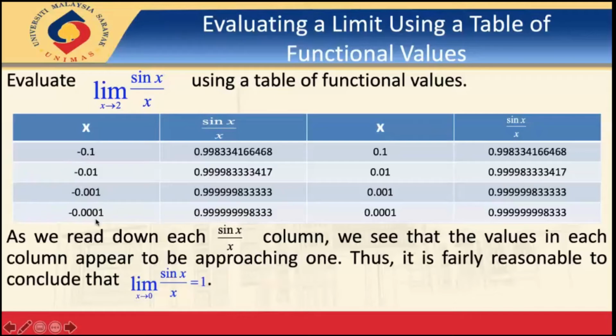For example, as the value reaches 0, meaning from negative 0.1, then smaller, negative 0.01, then smaller, negative 0.001, and smaller, negative 0.0001. So as the input value gets smaller and smaller, the output is going closer and closer to 1.